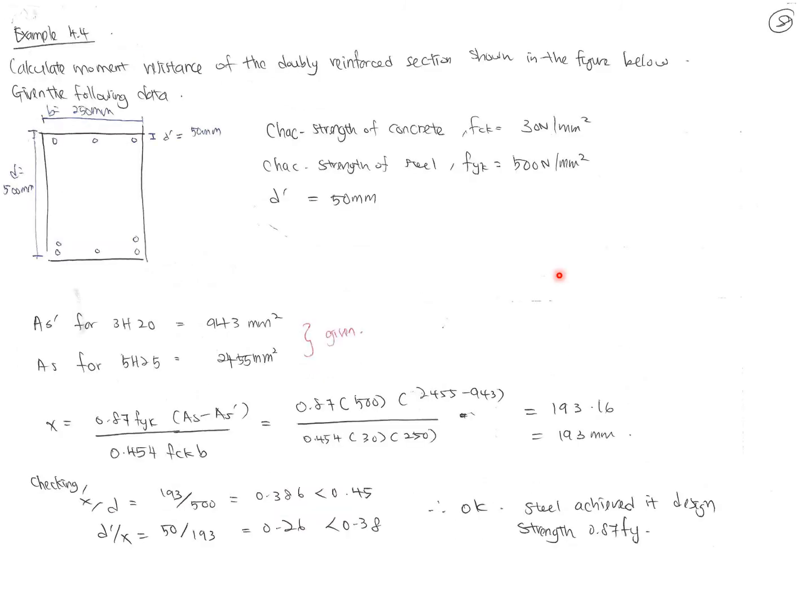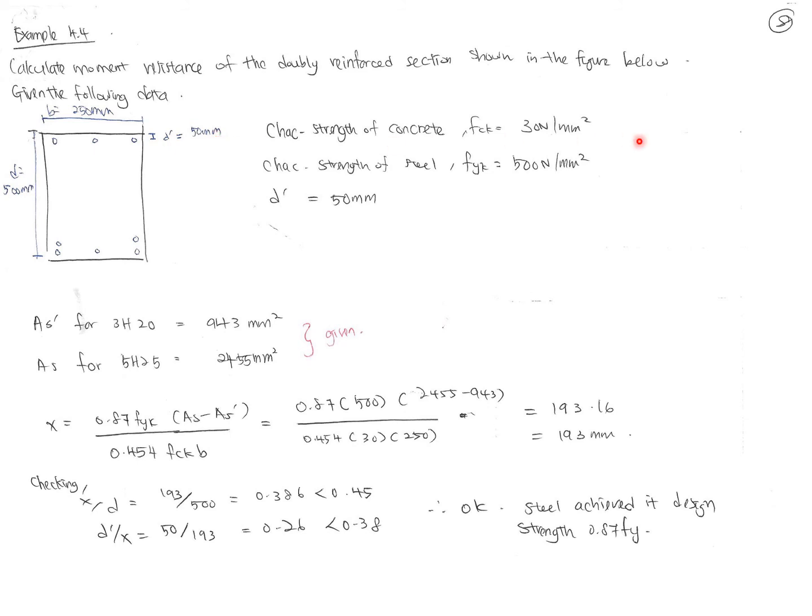Okay, so now let us go to example 4.4. Let us look at it. Calculate the moment resistance of the doubly reinforced section as shown in the figure below. So b is 250, and then d is 500, and d prime, which is from the top surface to the center of the compressive reinforcement, is 50 mm.